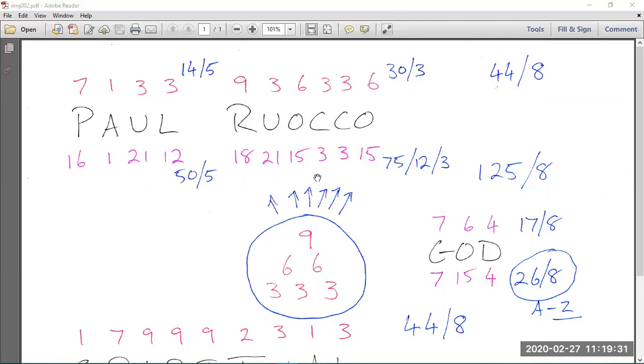And the master numerological numbers of the alphabet adds up to 125 here, 50 and 75. And this adds up to 125.8. Now, and here we go, we've got God that I mentioned before, adds up 26.8, it's also 17.8.